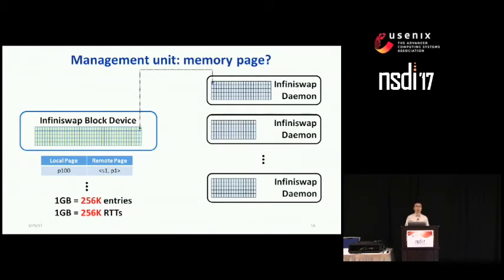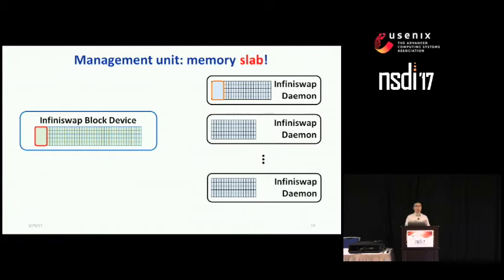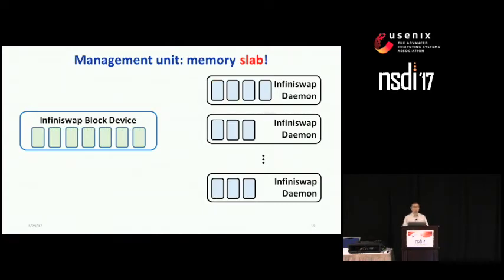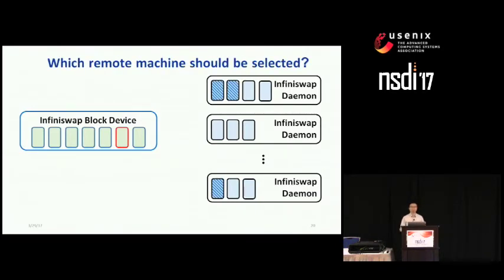And also, it has to do the same number of round-trip communications to look for remote memory. So to reduce this overhead, we aggregate small memory pages into a very large memory slab. In our current implementation, it's 1 GB. And therefore, the swap space in the block device and the memory region in the daemon are divided into multiple slabs.